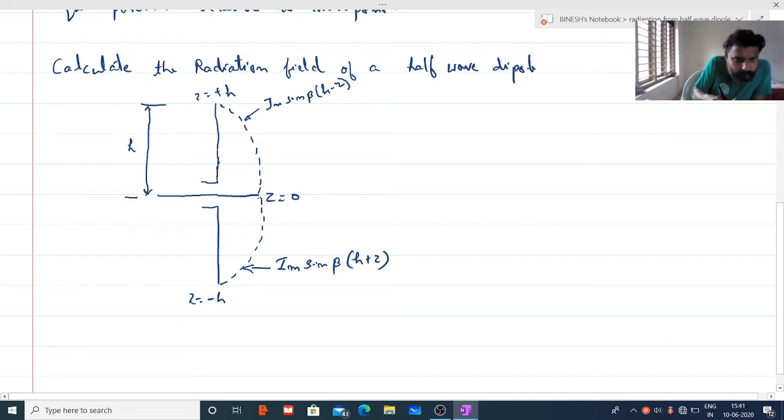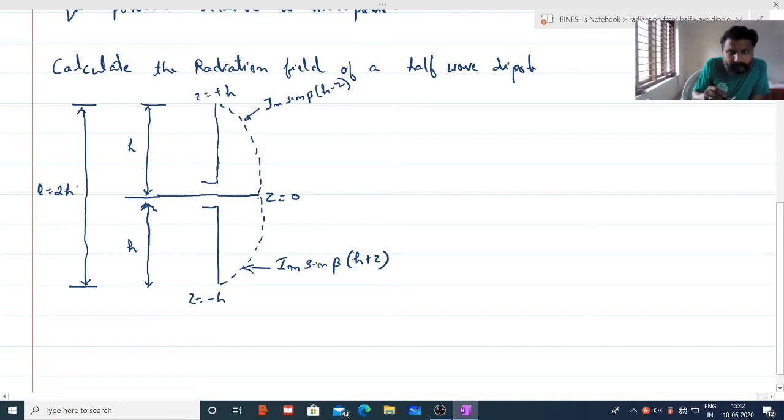And from here to here I'll consider this as again h. The total length from here to here I will take as L, which is nothing but 2 into h.